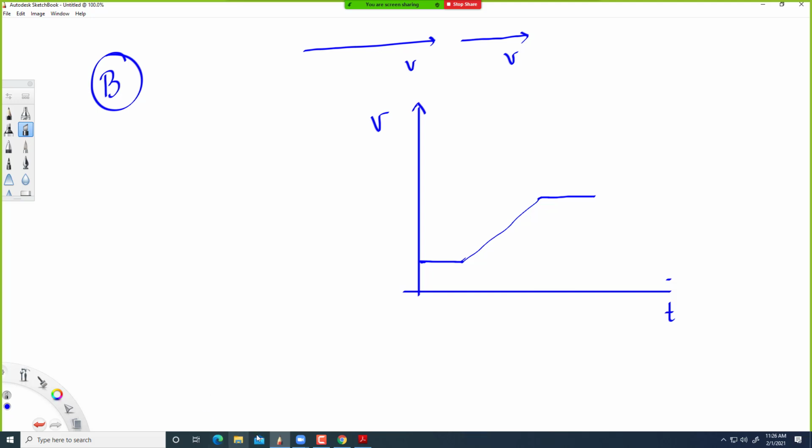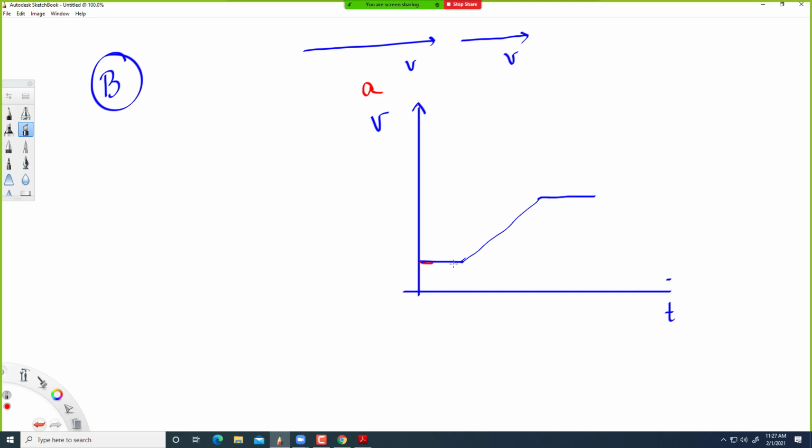And then the next thing is we need to draw acceleration versus time on that same graph. So for acceleration versus time, on this part from here to here, acceleration is the slope of v. So what can you say about the steepness here? How steep is the curve here?